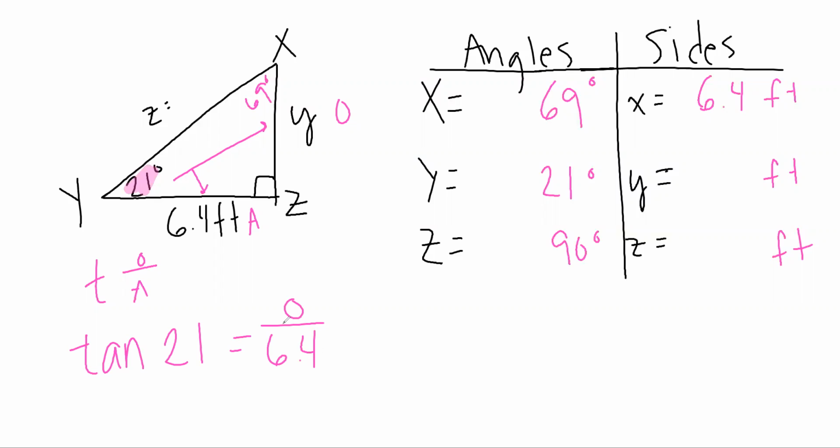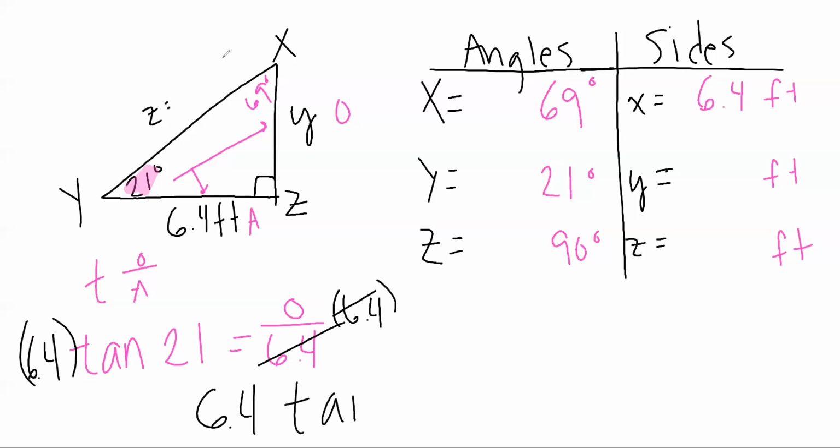Now I just have a one-step equation. Here's my variable. To solve for that, I'm going to multiply both sides by 6.4. That's going to cancel. So what I type in the calculator is 6.4 tangent 21 and then enter.